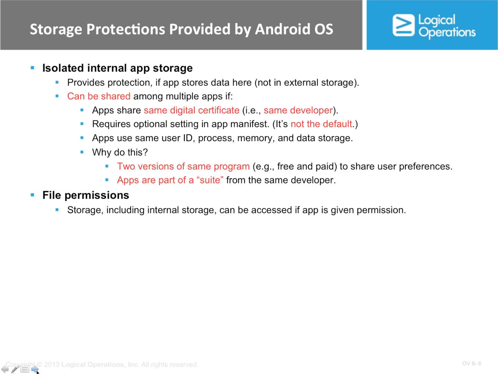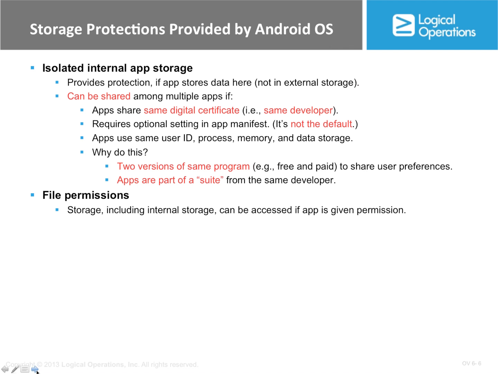It does require optional settings in the app manifest, which is, I believe, what we spoke about on Tuesday. These extended protections are not afforded by default, right? They are flags that must be intentionally thrown. They're not there for granted. Okay.